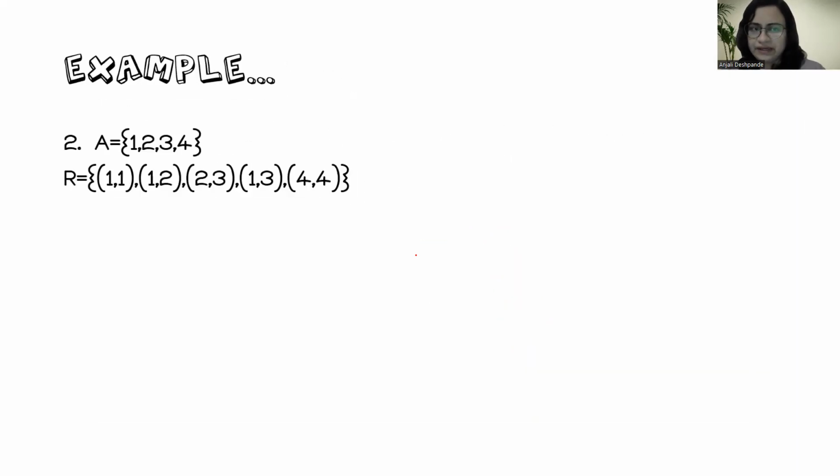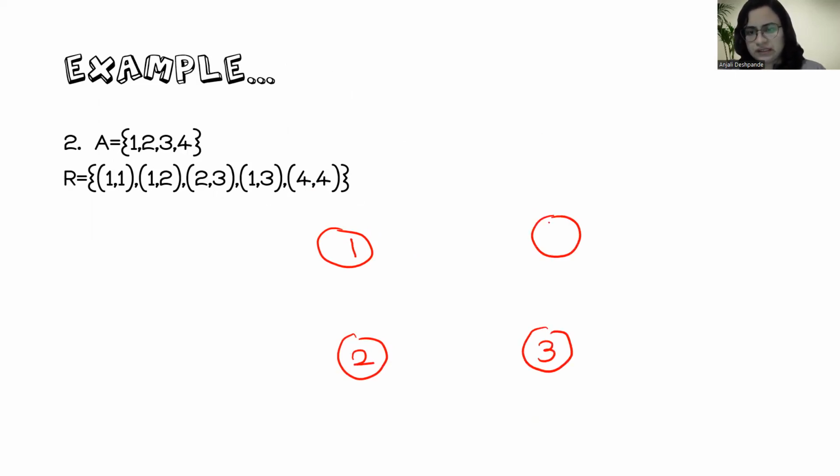Similarly, if I have the relation on a same set, then I don't need different elements. I'll just take 1, 2, 3 and 4.